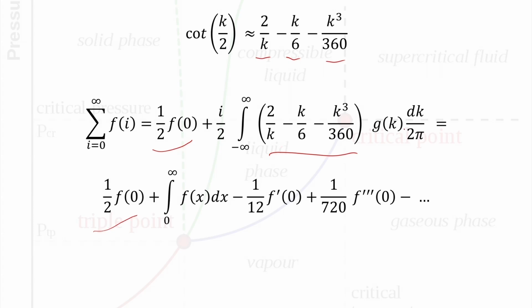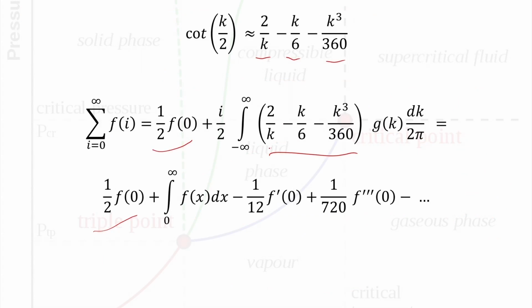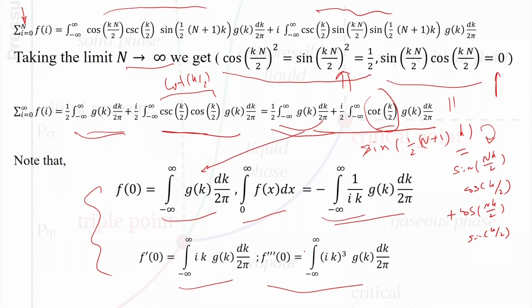Then when I do it this way, this becomes this result. There's a k downstairs here also. So it becomes this, and I get these other terms. So you see, the sum over all the i's from i equal to 0 to infinity becomes this Euler-Maclaurin series. So it becomes this integration, so it becomes this Euler-Maclaurin series.